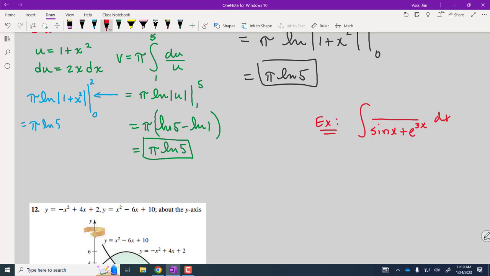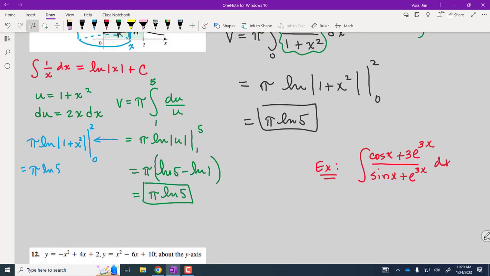If the numerator happens to be cosine of x plus 3e to the 3x, we are done. That is in log form, right? As long as the numerator is the derivative of the denominator, the answer is always natural log absolute value denominator plus c. Every time.